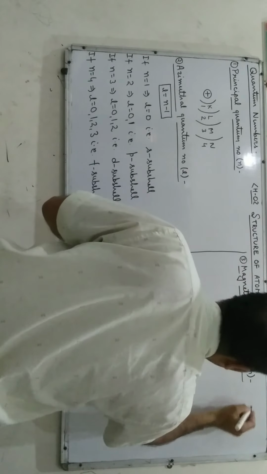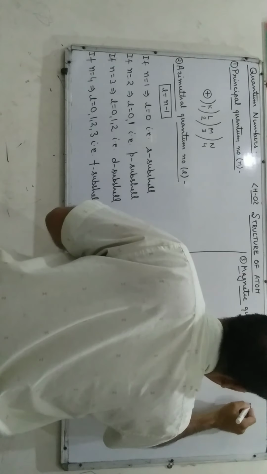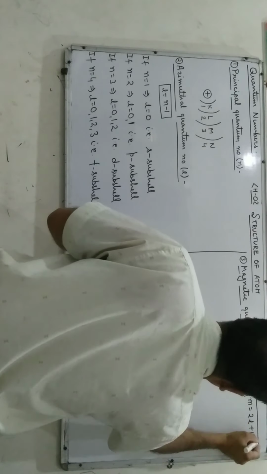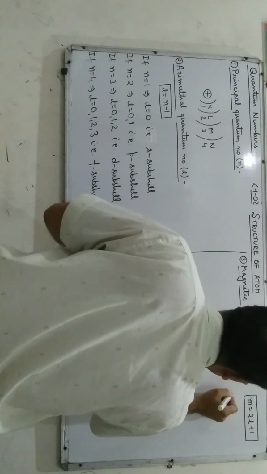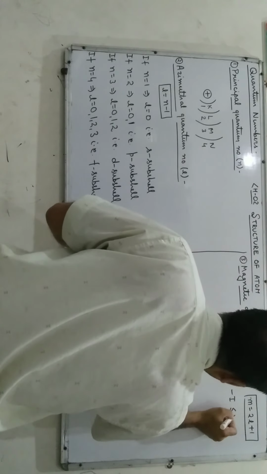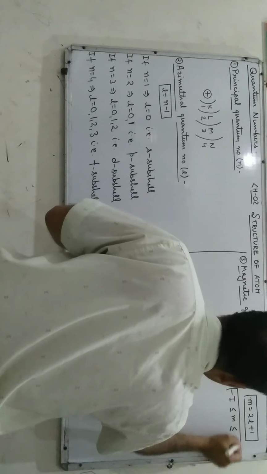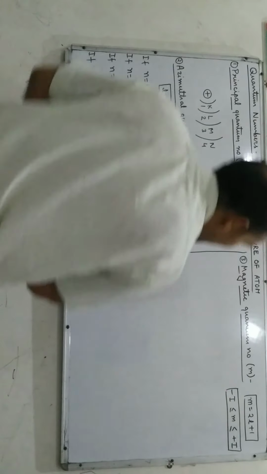The value of m depends on the azimuthal quantum number l, according to m equals 2l plus 1. One thing must be noted: the value of m always lies between minus integer to plus integer.